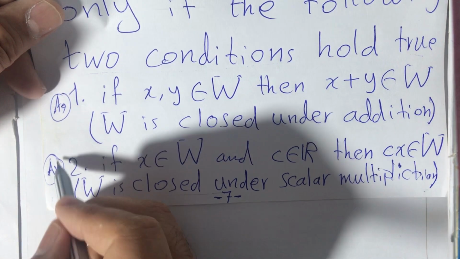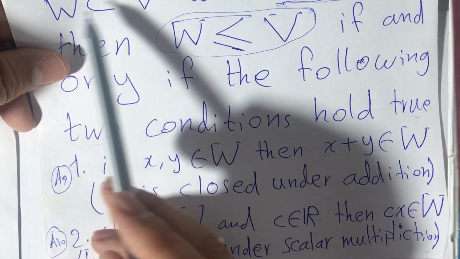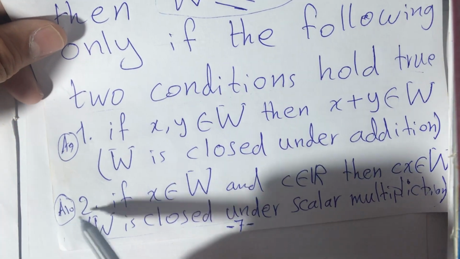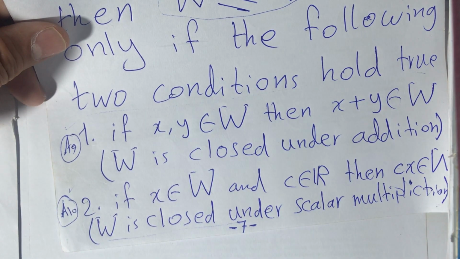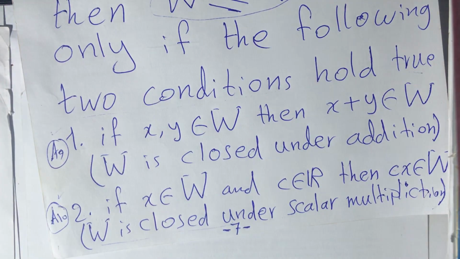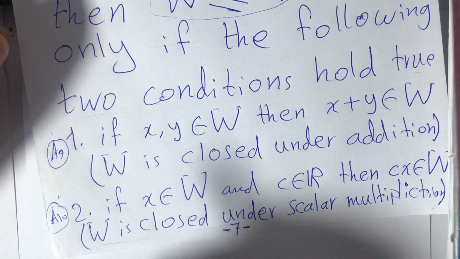So if a non-empty subset of V satisfies just A9 and A10, not all from A1, A2, A3 until A10, we can say this set is a subspace of V.